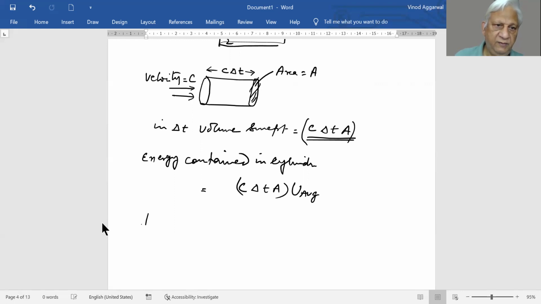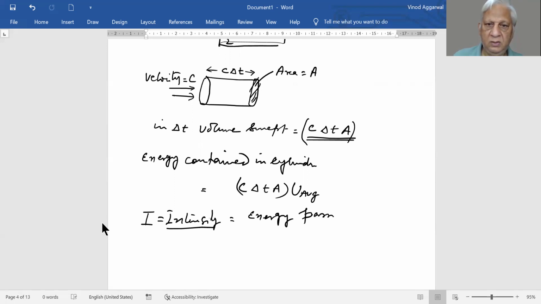So if we define a term called intensity, we define intensity as the energy passing or falling, whatever you call it, per unit area per unit time.